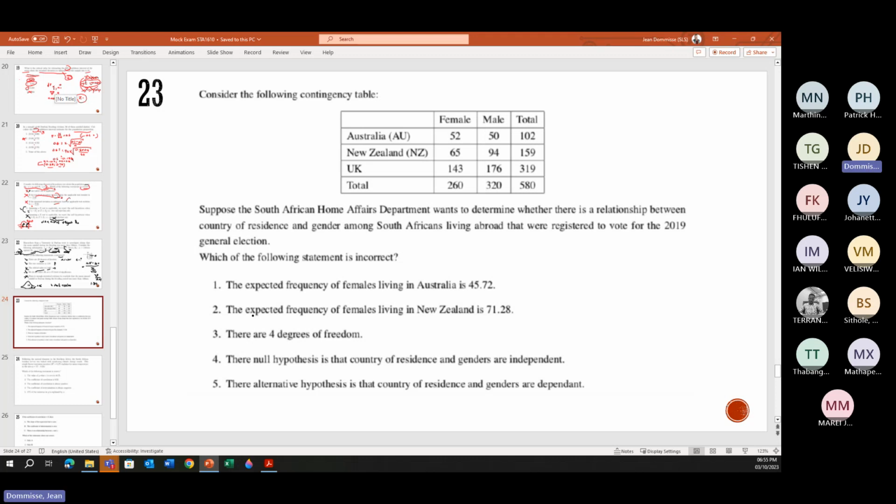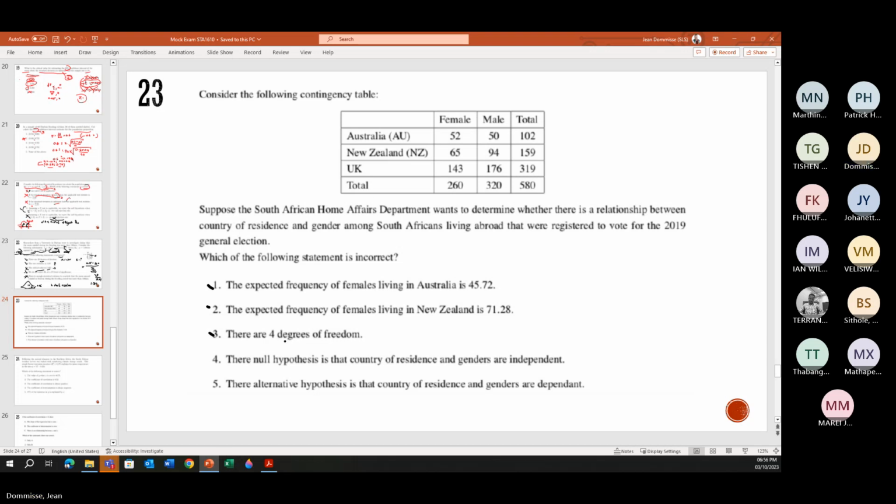This one asks you about expected values, the degrees of freedom, and the null and alternative hypotheses. So it's a nice one that does nearly everything you need to know about chi-square testing.